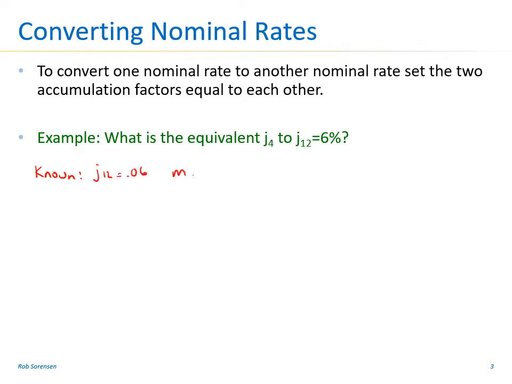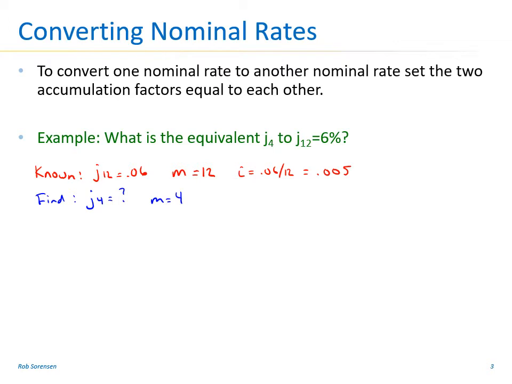And in this case, M is 12 and I is equal to 0.005. What I want to do is find the matching J4. In this case, the M is going to be 4, isn't it?